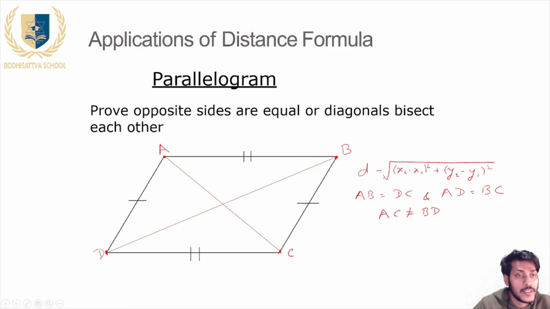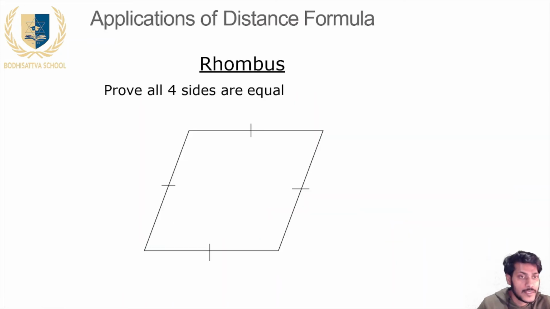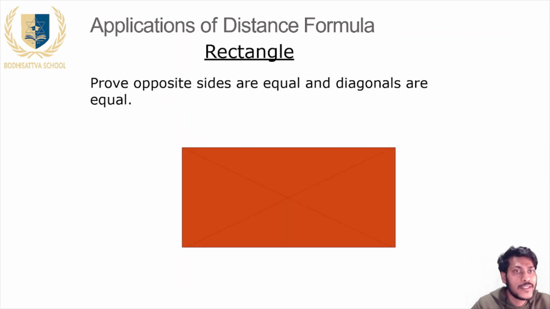The next one is rhombus. The same, we will find the sides using the distance formula, and if all the sides are equal and diagonals are not equal, then it will be a rhombus. The next one is rectangle.